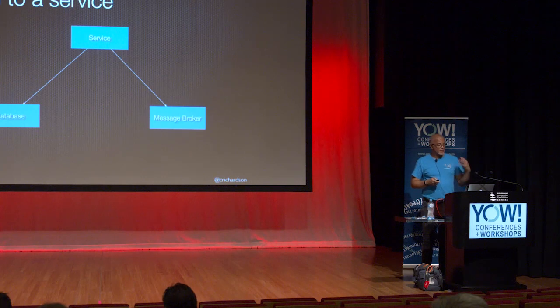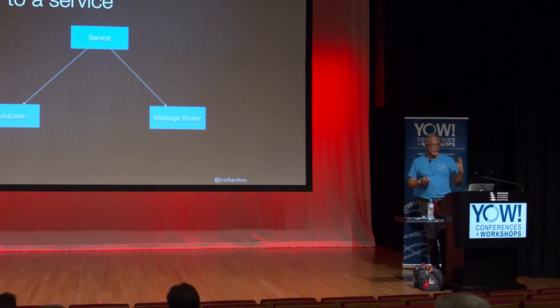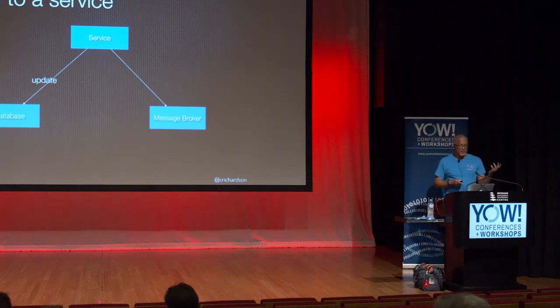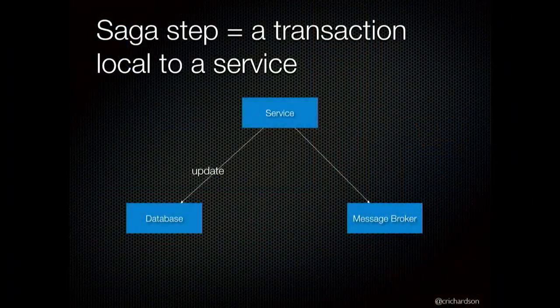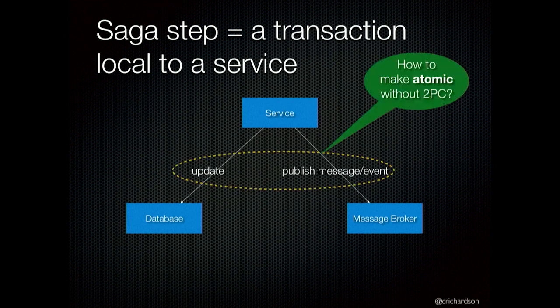So that means that each step of a saga does two things. It updates the database, creates an order, reserves credit, approves an order, and it publishes a message or sends an event. Interestingly, there's a sub-problem here: how to ensure that both of those things happen atomically.